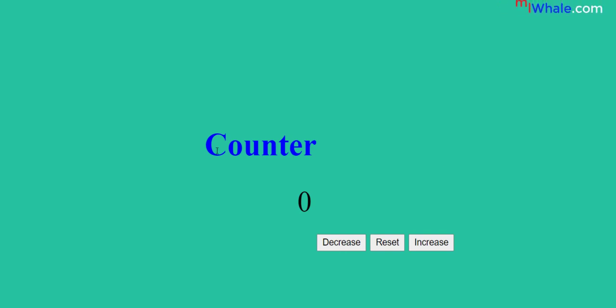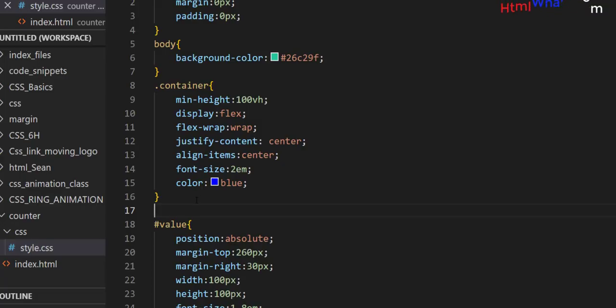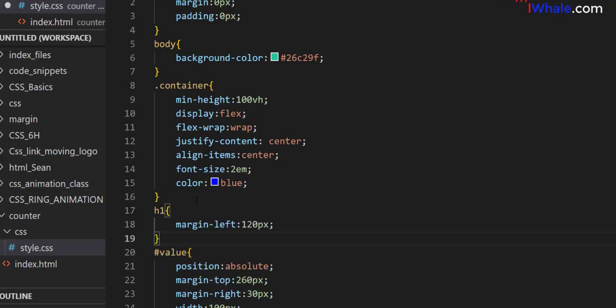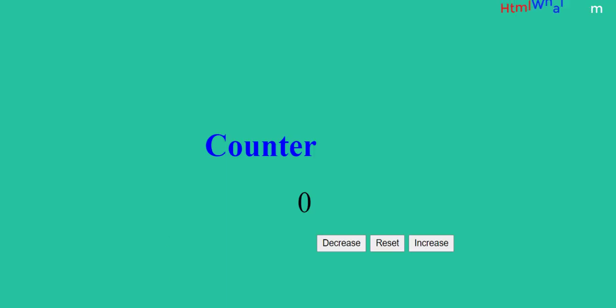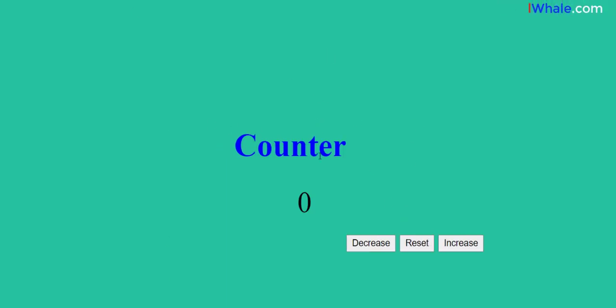So if you want to move this heading towards the right, all you need to do is go over here to the code and place this code, h1 margin left 120px. You save it, you go back here and you refresh it, and you can get that specific design that I was just mentioning to you about. So all of these things can be controlled in the CSS.